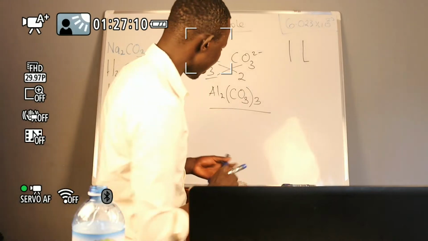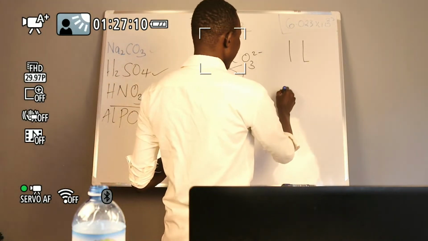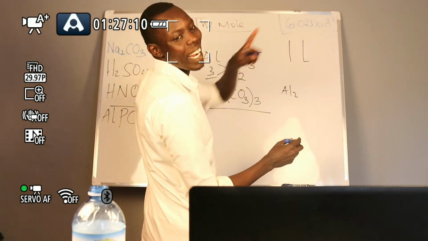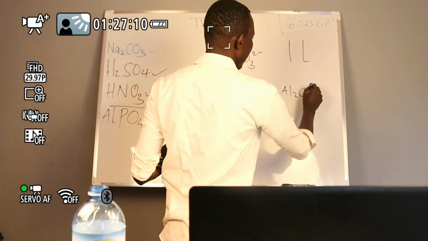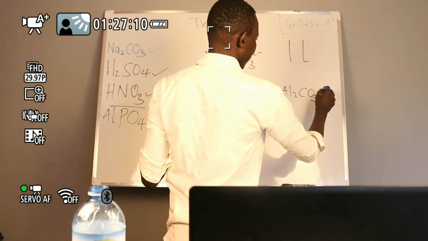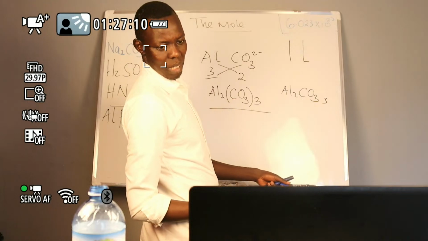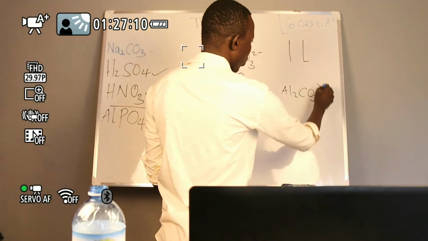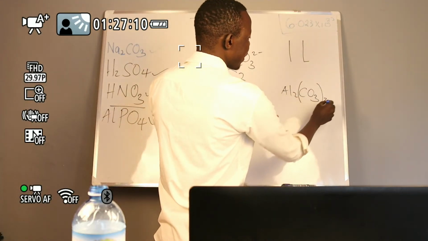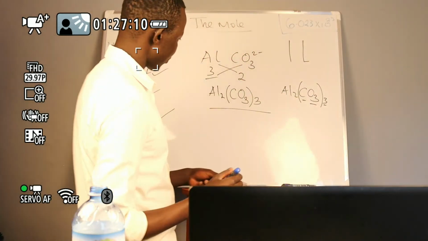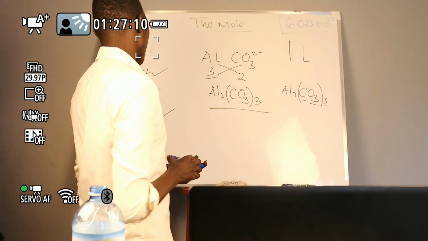If you write aluminium, I won't put a bracket because aluminium is one element. Then CO3, and I put the 3 here without a bracket. What is this now? Unless we put a bracket to show this 3 is for both oxygen and carbon. Aluminium carbonate.